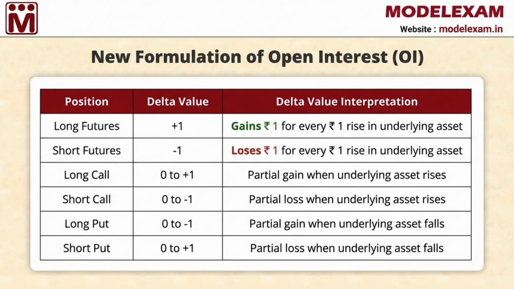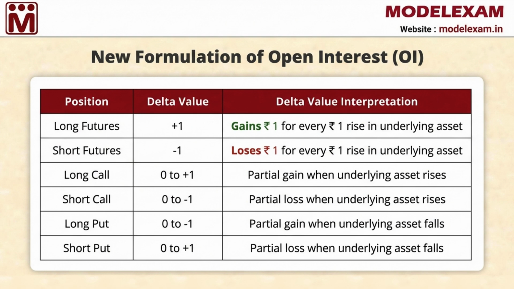Let us look at how different positions have different delta values. For a long futures position, the delta is +1, which means you gain 1 rupee for every 1 rupee rise in the underlying asset. On the other hand, a short futures position has a delta of -1, meaning you lose 1 rupee for every 1 rupee rise in the asset.